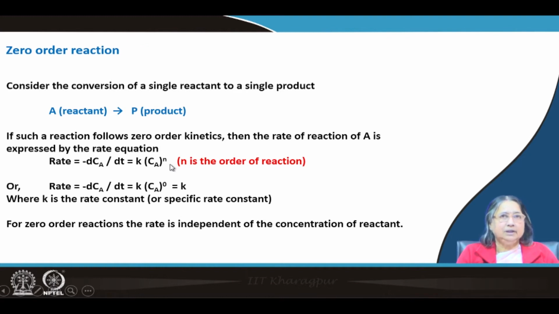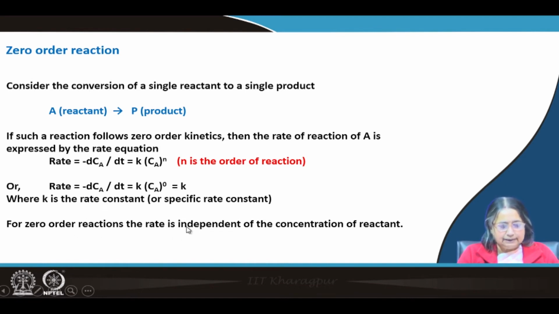Because it is a zero order reaction, we can write C_A to the power 0. So, rate is minus dC_A/dt equals k into C_A to the power 0, because zero order reaction. So, this is becoming 1. So, it is k.